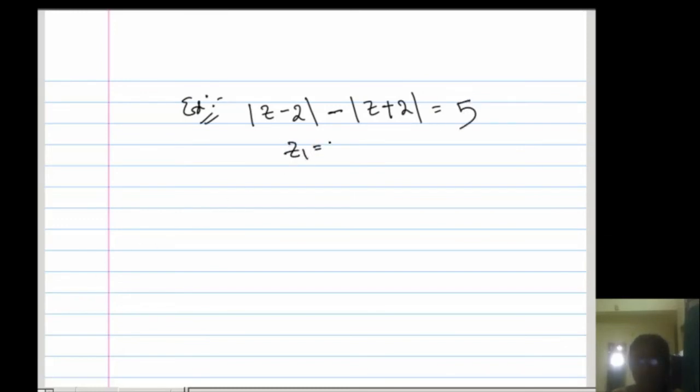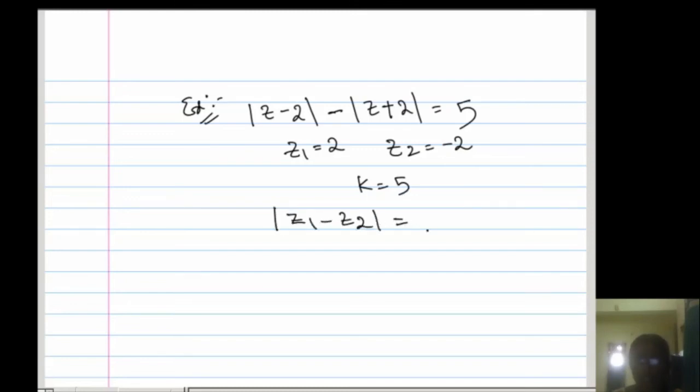Z1 is equal to 2, Z2 is equal to minus 2, because it is in the form of Z minus Z0, so minus of minus 2 gives Z2 equal to minus 2. K is equal to 5 here. What is mod Z1 minus Z2 here?